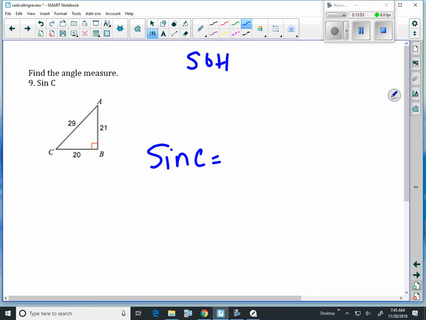Does anybody remember which side is the hypotenuse? The longest, but it's also across from one angle. The right angle every single time. So it doesn't matter how it's transformed. Sometimes it'll be rotated. It's always across from that 90-degree angle. So opposite. What side is opposite C? Straight across from it. 21. So 21 is going to be our numerator.